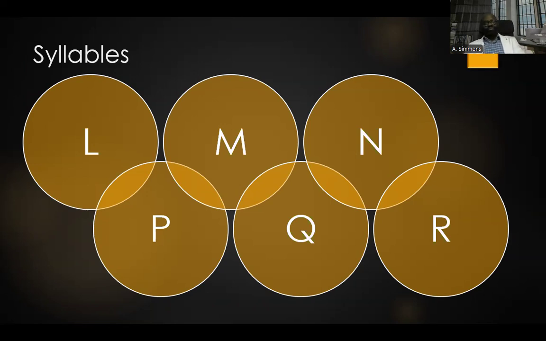The Q, your best bet is to just simply know Q-U-E, Q-U-I, Q-U-O. Ke, ki, ko. As a matter of fact, I didn't mention that in the other one.